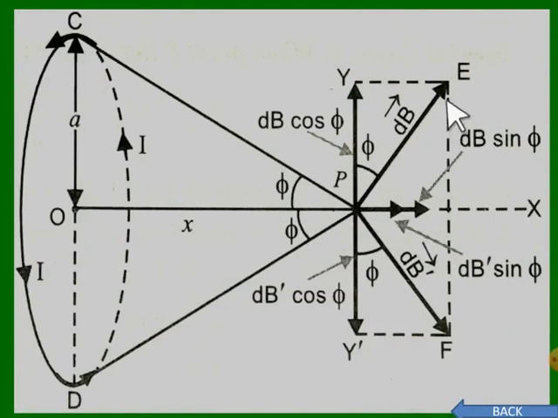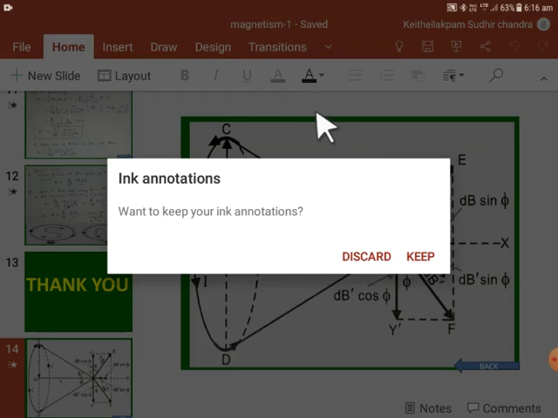So they are not equal, they are in different directions. If you resolve this dB vector into two rectangular components, you will get one horizontal component and one vertical component here. Got it?